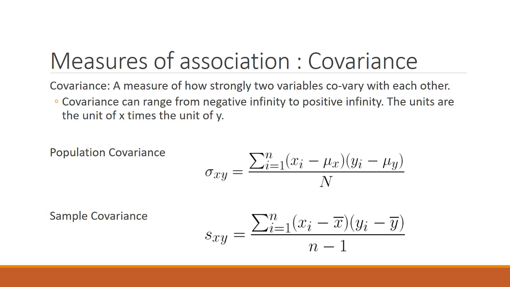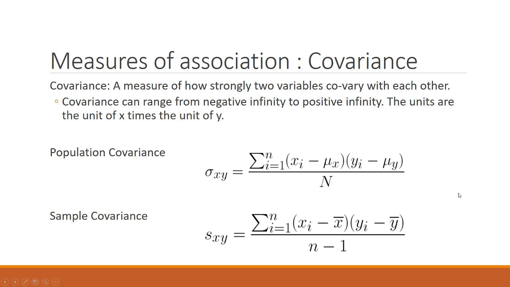Okay, so the population covariance is the sum of any particular value of the variable x minus the mean of x times any particular value of the variable y minus the mean of y. You multiply them together, and then you sum that up and divide by n. A similar calculation gives the sample covariance.